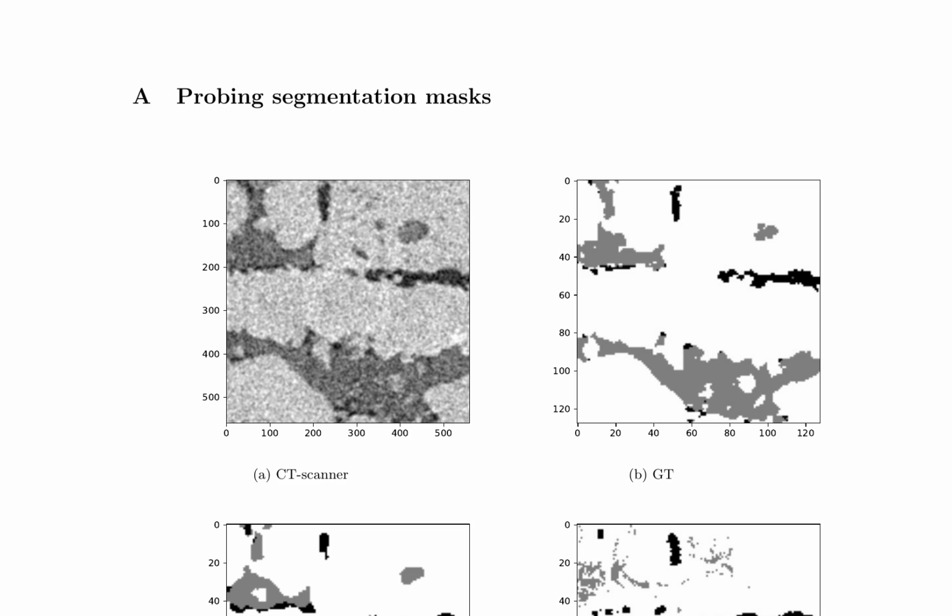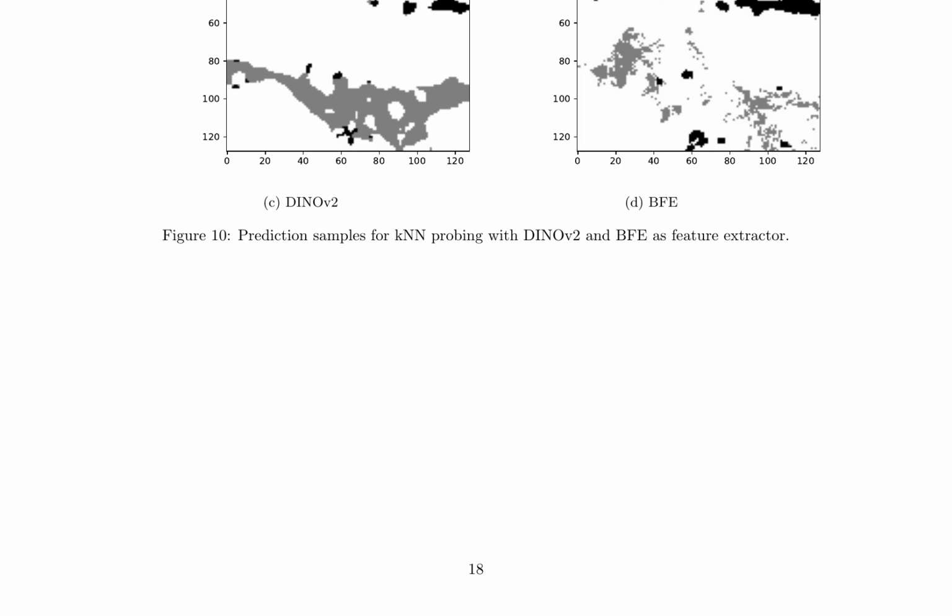The DINOv2 feature extractor, shown in Figure 10c, demonstrates a more accurate segmentation mask, with a higher frequency of pixels correctly classified, particularly in the higher pixel ranges. In contrast, the BFE feature extractor, illustrated in Figure 10d, exhibits a more scattered distribution, indicating less accurate segmentation.